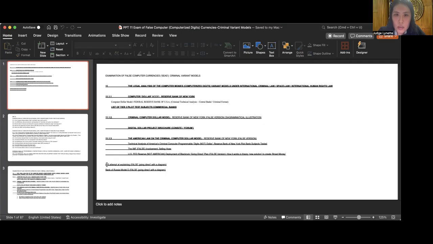We can only consider it as a Computer Virtual Bank of Russia, Model D, going direct with a diagram. So this is an alternate criminal variant model that I choose because it can very clearly explain with both diagram and balance sheets what BlackRock was trying to explain by going direct.